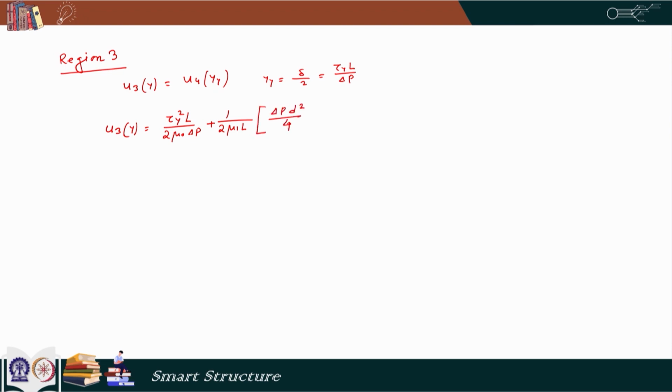d square by 4 minus L d multiplied by tau I plus mu 0 minus mu 1 into gamma dot, and then plus we have L square by 4 p multiplied by tau I plus gamma t dot mu 0 whole square of that multiplied by 1 minus mu 1 by mu 0.